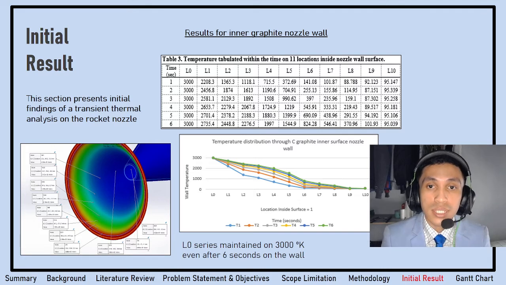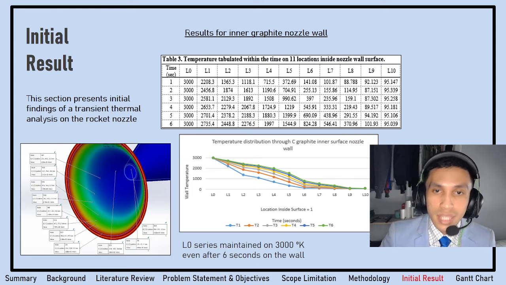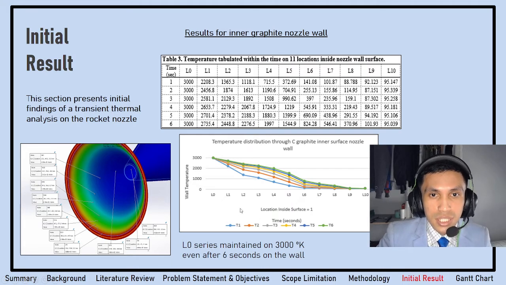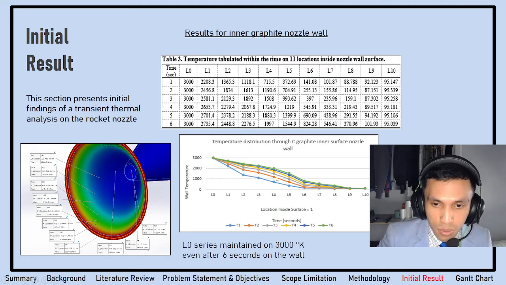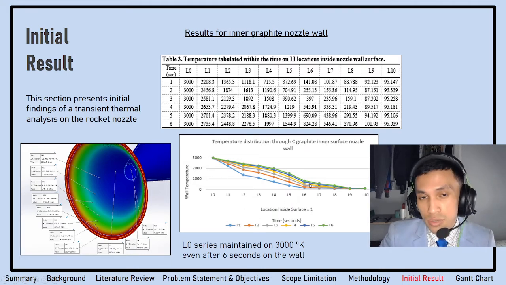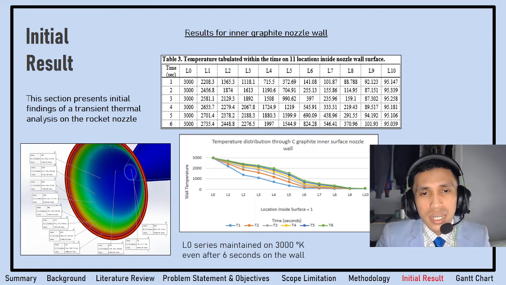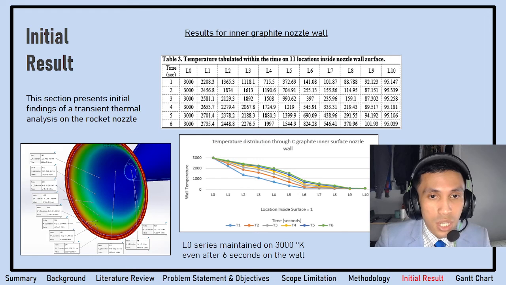It is concluded that the variation of temperature is decreasing with time as observed in the other locations where the temperature is distributed through the nozzle wall. The highest temperature reached 3000 Kelvin, and the inner insert nozzle still could withstand the temperature. There are still a few investigations needed on the next phase of research, which is to check the structural integrity in more detail in the future.